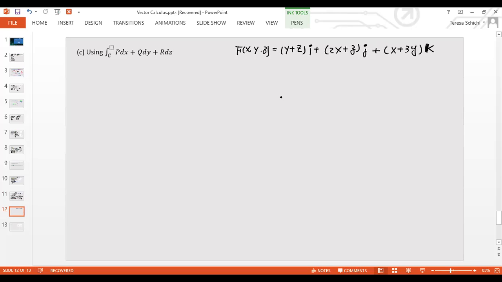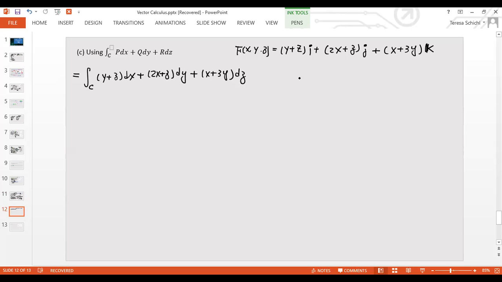Now let's try to integrate this one. That means I can use the components formula. So this is equal to the integral over C of (y plus z) dx plus (2x plus z) dy plus (x plus 3y) dz.